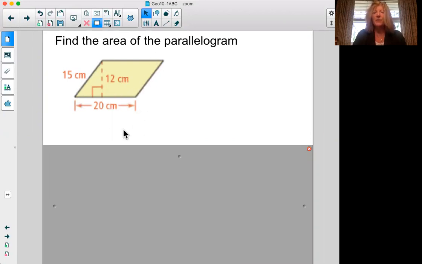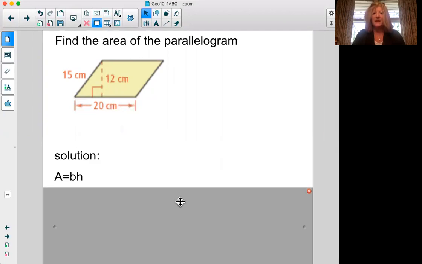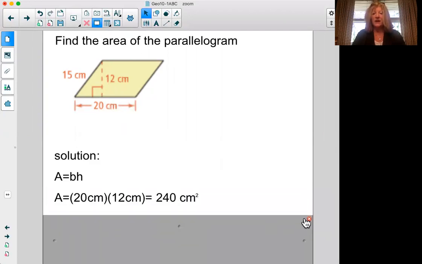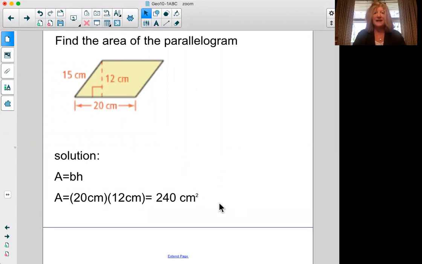We can use any side length to be the length of our base, and you strategically choose it depending on what you're given. In this case, I see the height, 12, is perpendicular to the base 20. So this is my height and this is my base for this problem, and I can calculate the area by using that base and that height.